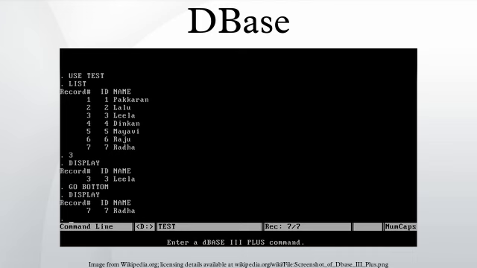DBase was also one of the first business-oriented languages to implement string evaluation. Here the ampersand tells the interpreter to evaluate the strings stored in my macro as if it were programming code. This is an example of a feature that made DBase programming flexible and dynamic, sometimes called mutability in the profession.